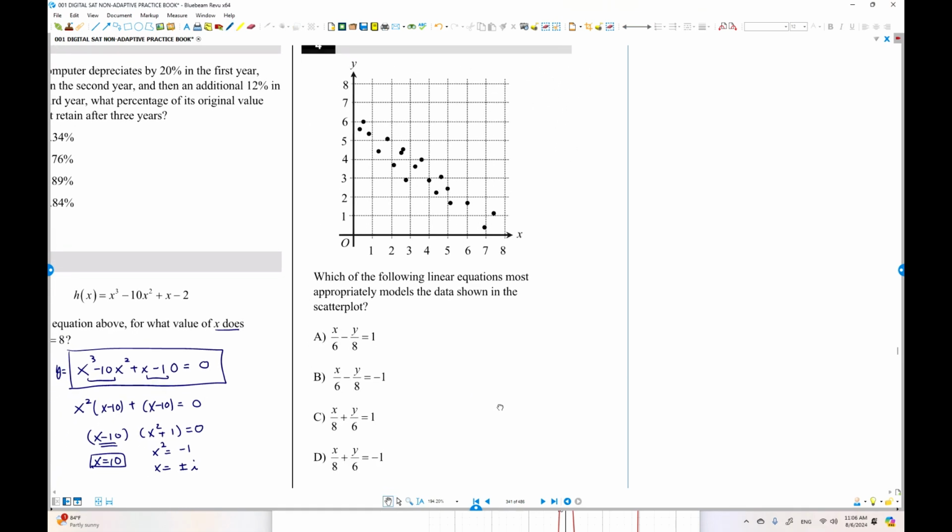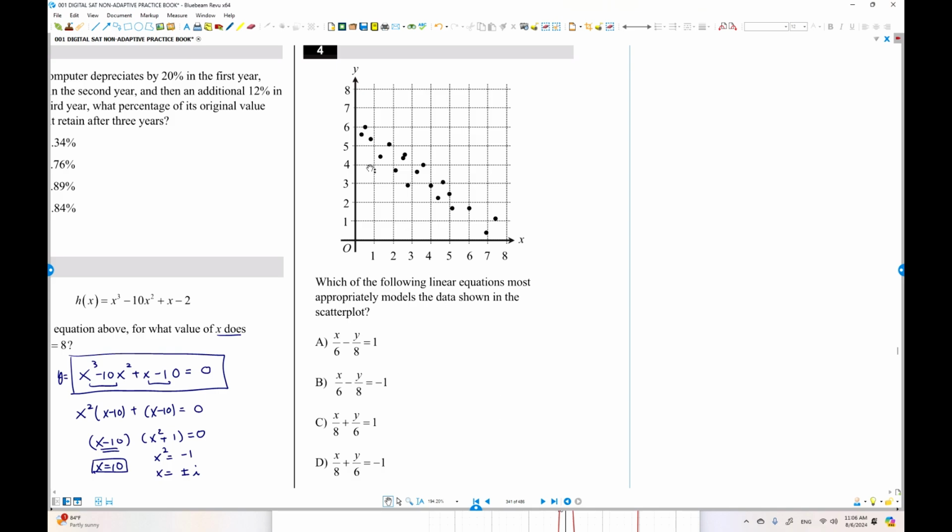Here is number 4. So we have a scatter plot, okay? The line of best fit is not shown there. So we're going to find the best fit, okay. So this one looks like this, and also options A to D are intercept form. So we had better use x-intercept and y-intercept.